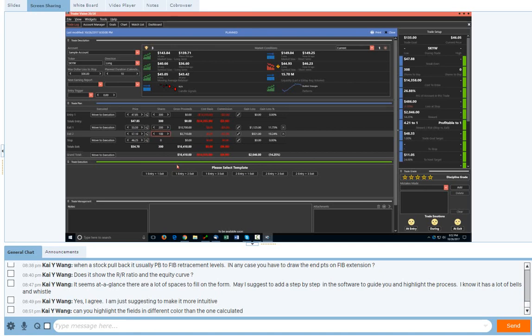Highlight the fields in a different color than the one calculated. Okay, so you're basically saying that data entry fields would be one color font or one color field, and the calculated fields would all be some other color.